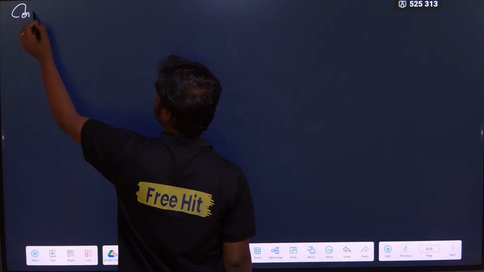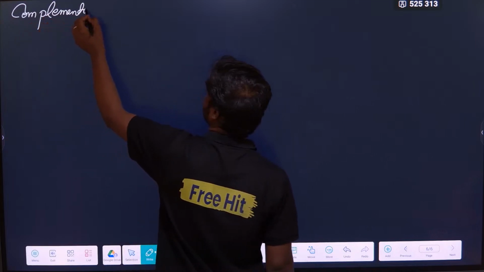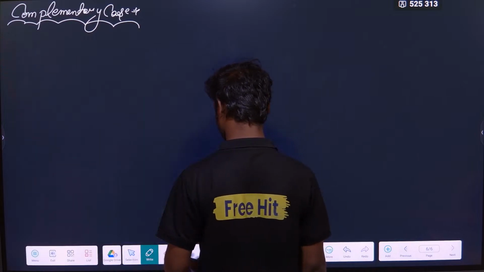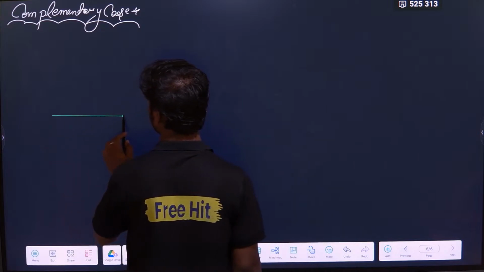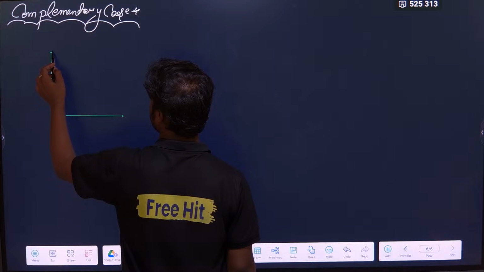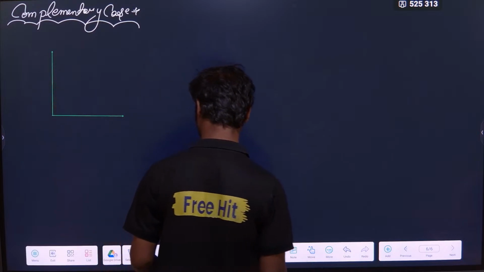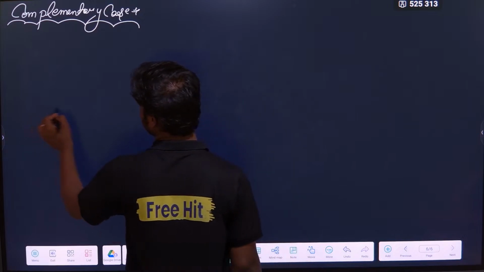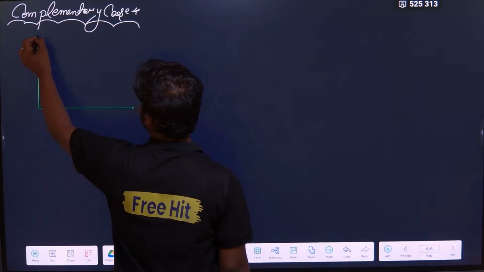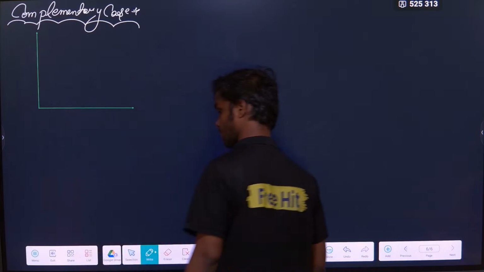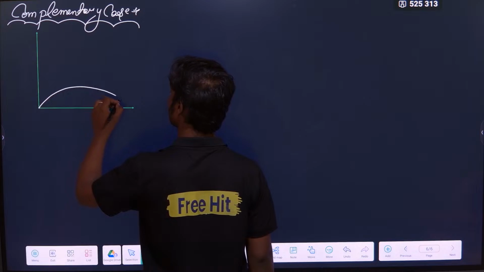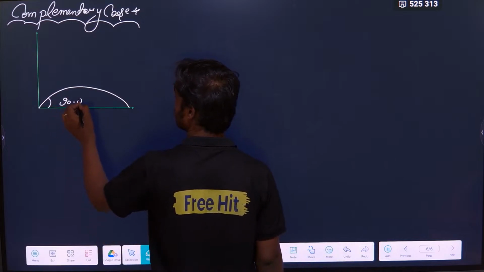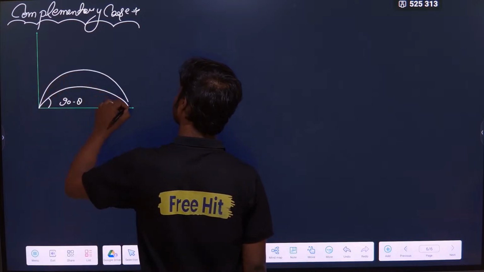Next is one complementary case. This angle is 90 minus theta, and suppose this angle is theta.